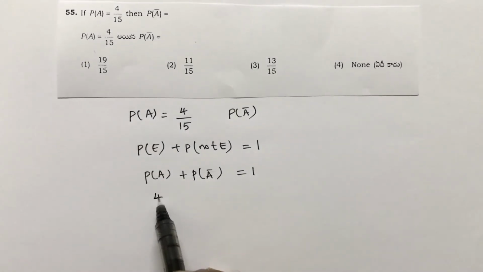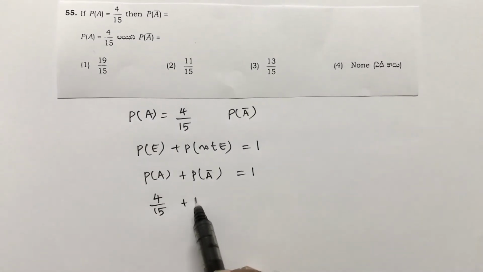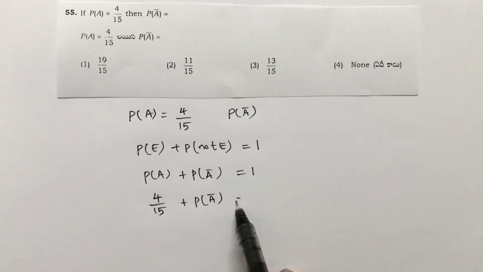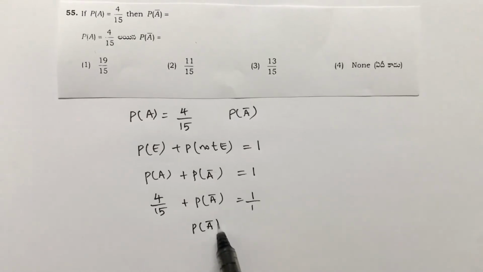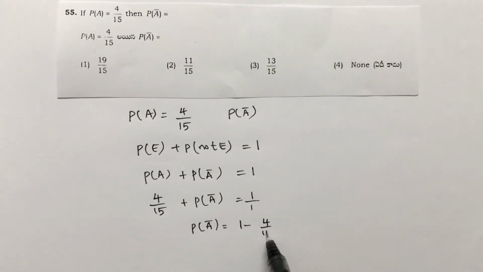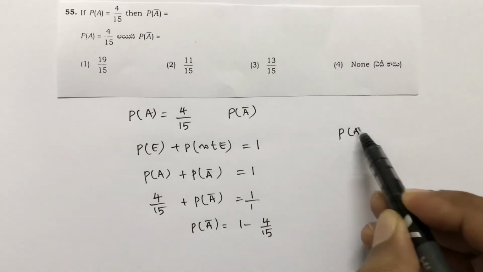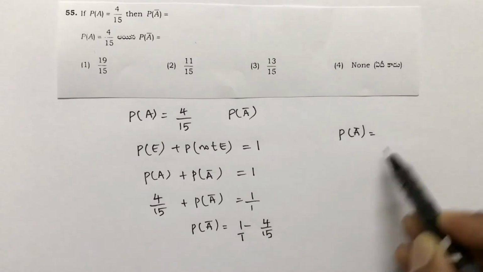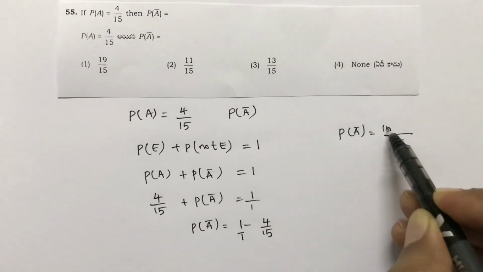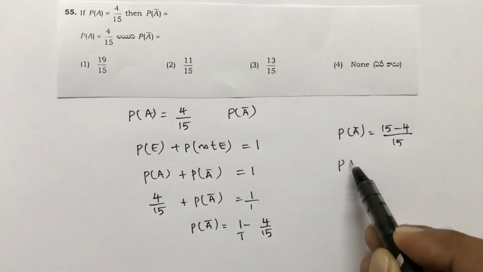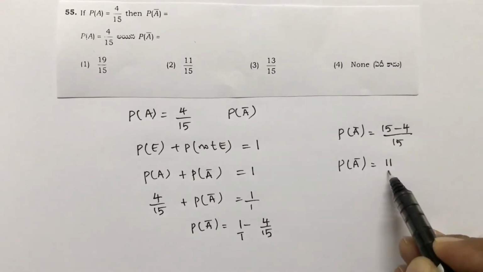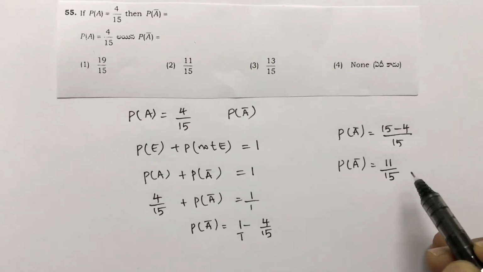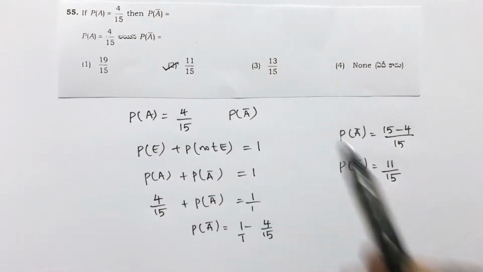Substituting, probability of A is 4 by 15 plus probability of not A is 1. So probability of not A is 1 minus 4 by 15. If you take LCM 15, it is 15 minus 4, which is 11. So probability of not A is 11 by 15. So the correct option is 2.